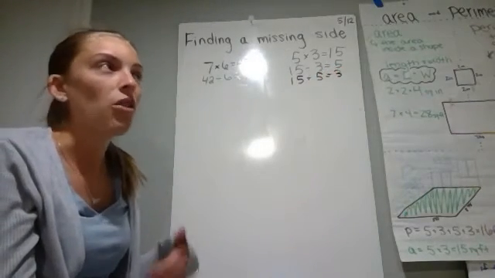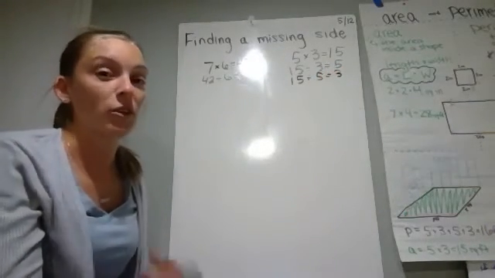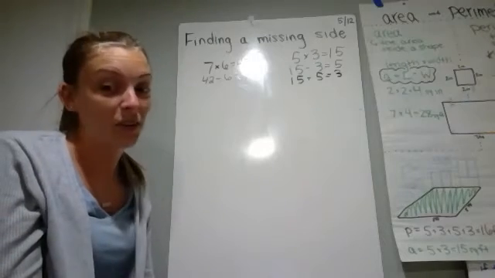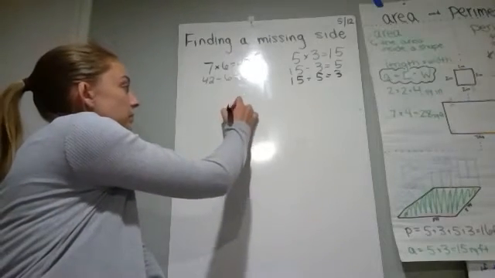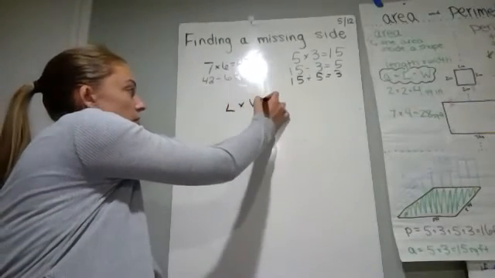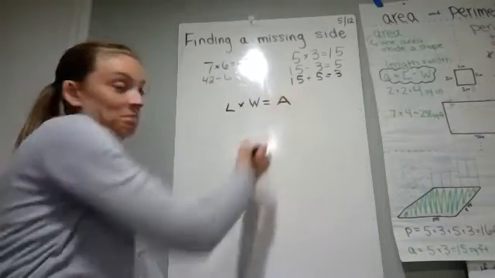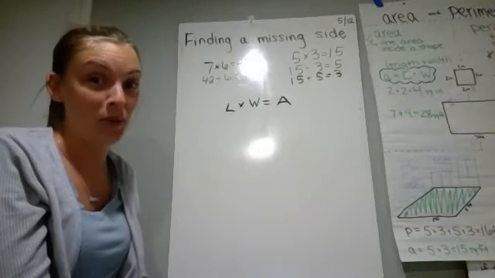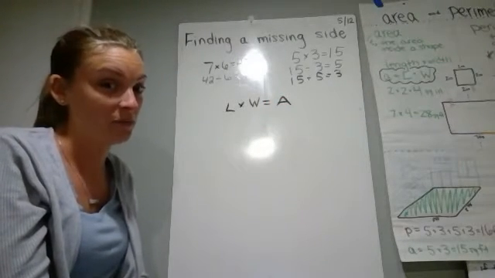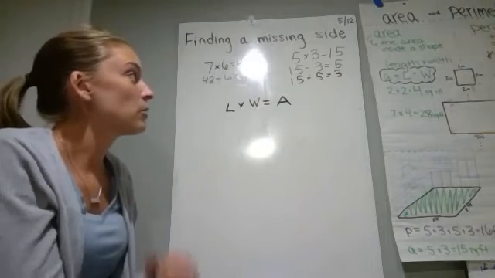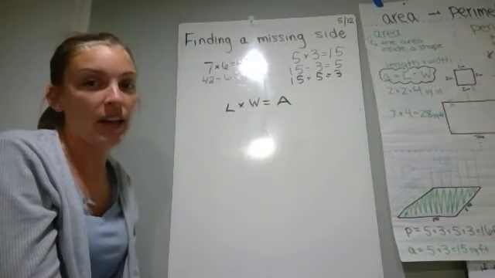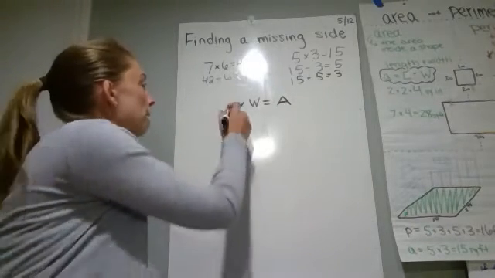So if we know that, then I'm going to give you an equation that just has variables. Length times width equals area. Now I want you to try and come up with a division problem for that, and then check your work on my board.